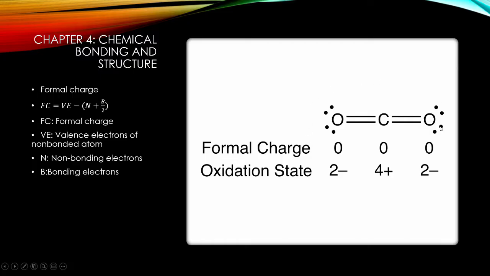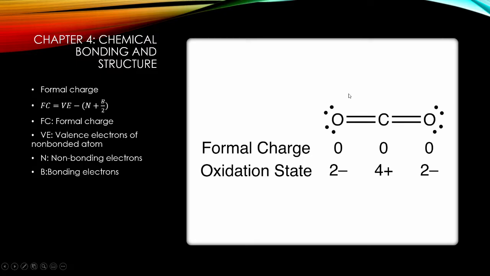So we have a carbon dioxide molecule here, and we want to figure out the formal charge on the different atoms. So the point of formal charge is to figure out the electron distribution within a Lewis structure.